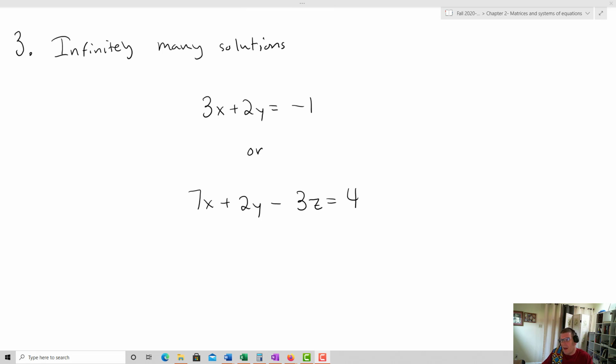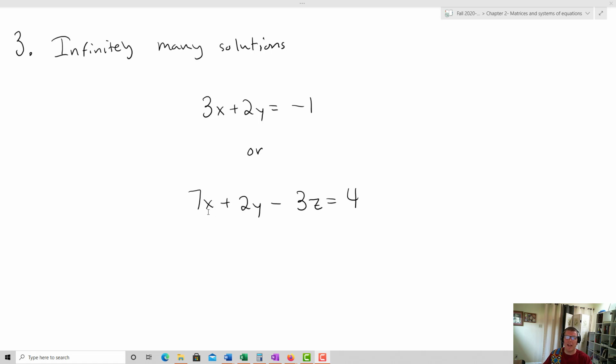And in the case of this particular system of equations, what we possibly could have is something like 3x plus 2y equals negative 1, 7x plus 2y minus 3z equals 4. What we'll notice is that x and y are dependent upon each other. We'll have x be the independent variable, y be the dependent variable. So depending upon what I choose for x, I'll get an infinite number of y's.